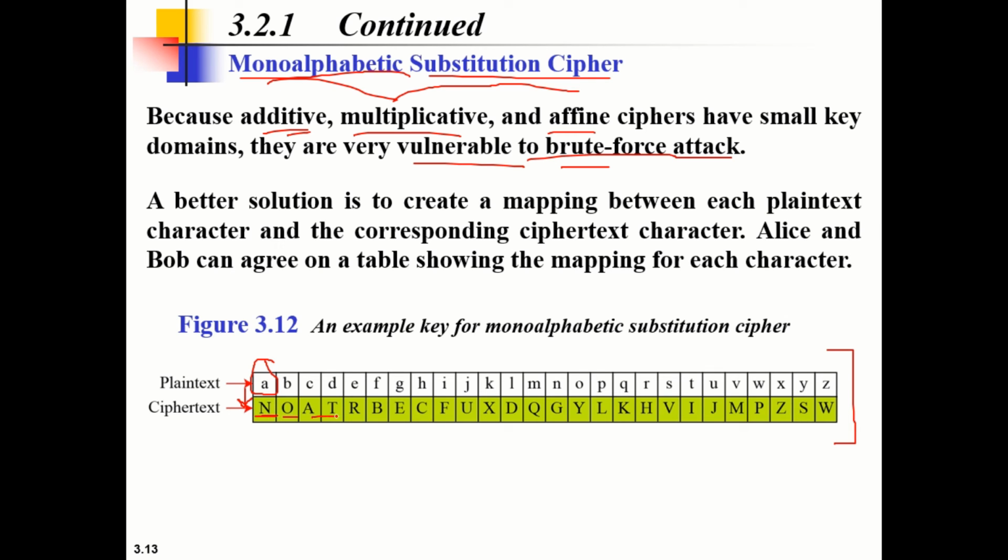Here you can see these alphabets are written randomly. This cipher text value can be anything from capital A to Z, but the sender and the receiver must agree on these values. They must know beforehand that these are the values which will be used for encrypting and decrypting the message.